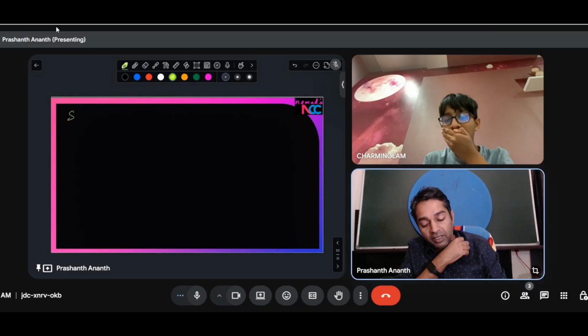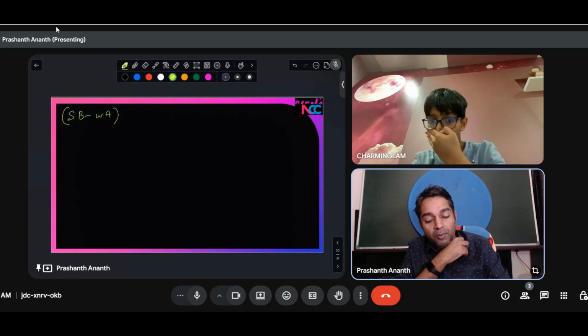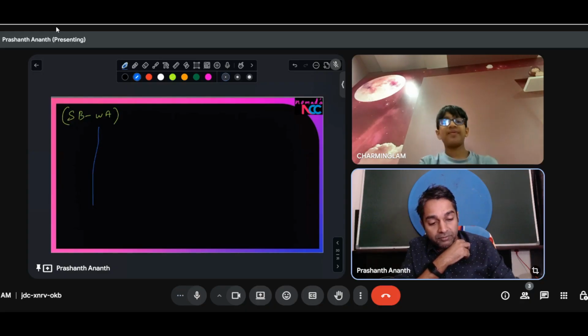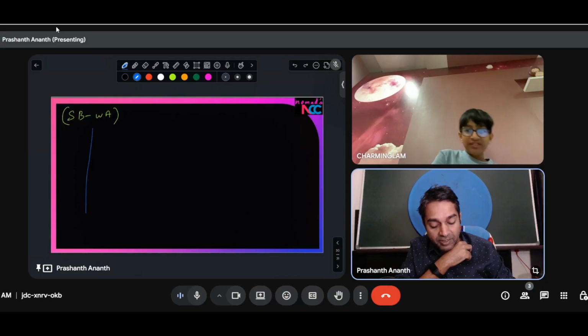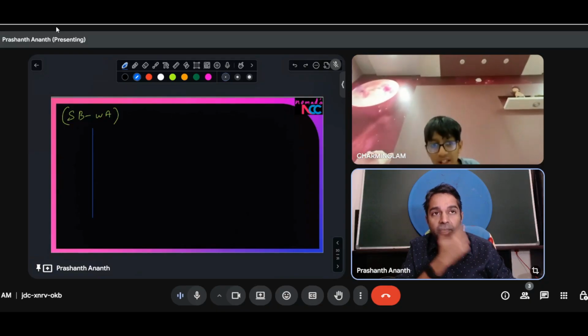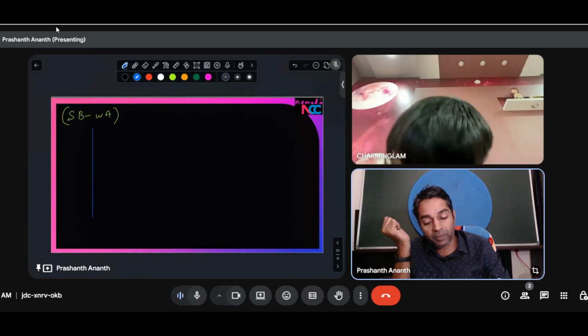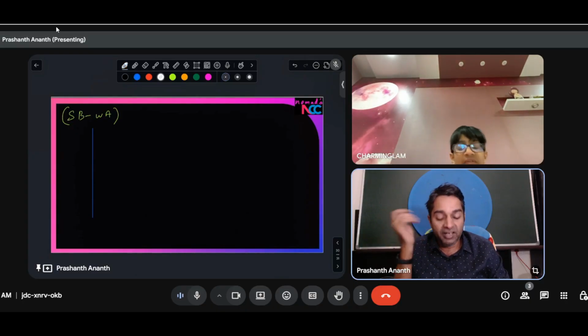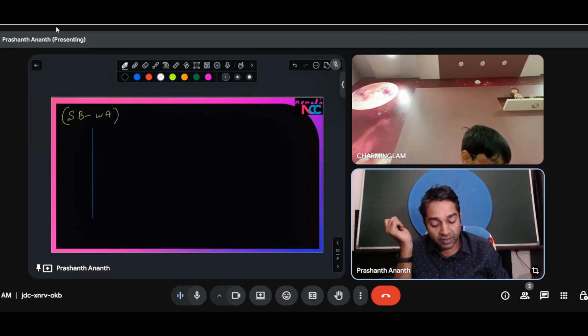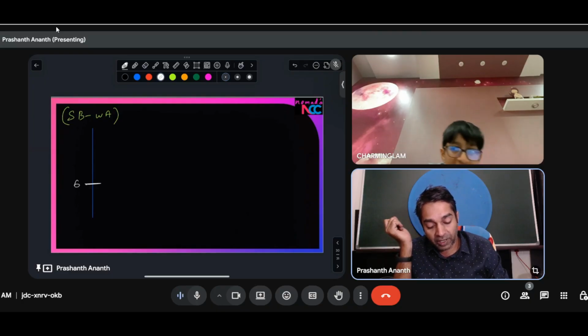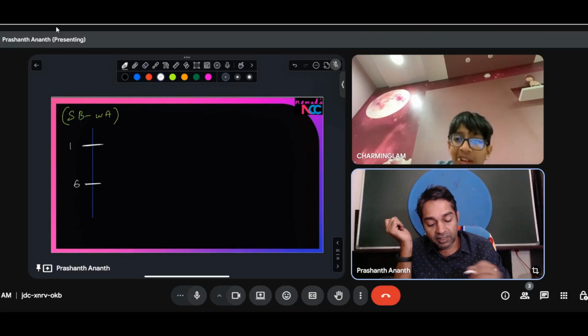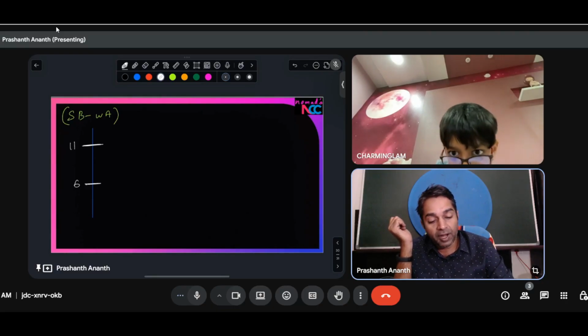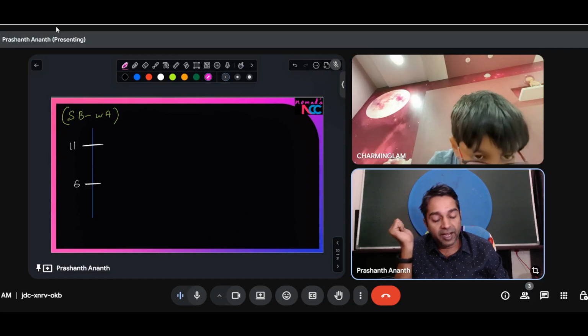Let's say I am looking at a strong base, weak acid titration. Plot it on a number line. Start thinking like a number line. On this number line, it is going to be from 6 to 11, this is going to be the range of the jump. Now, what are my indicators allowed over here?